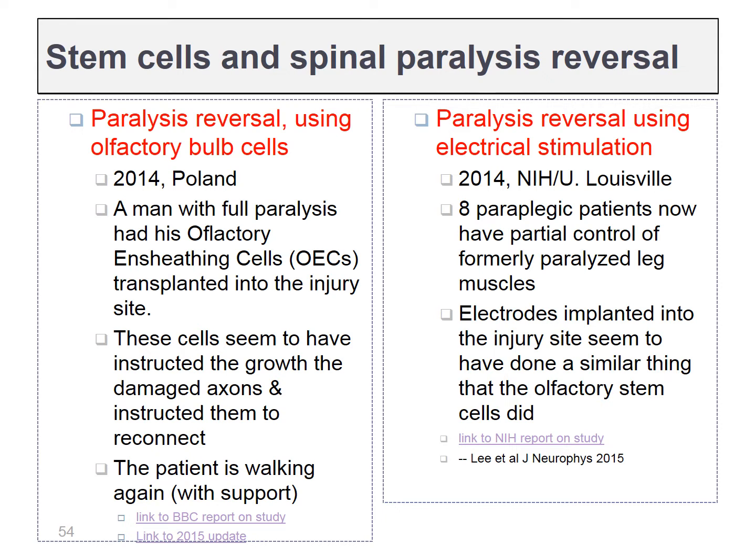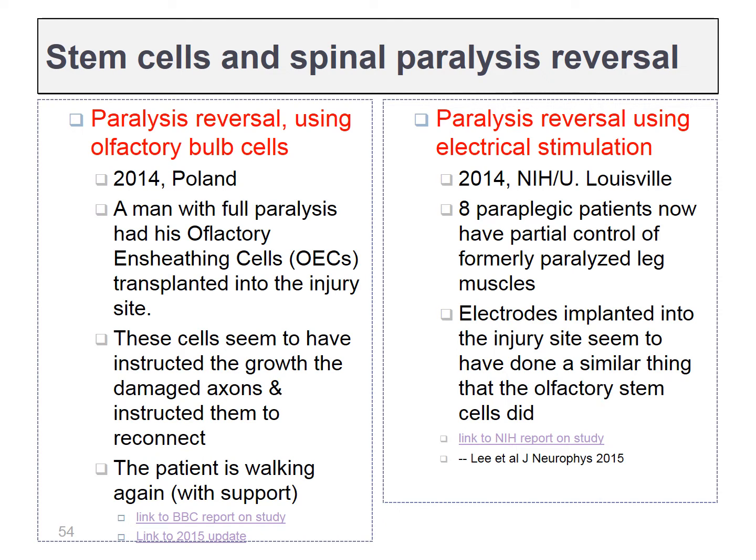And it turns out those neurons were able to divide. And rather than becoming olfactory receptors, they realized they were in the spinal cord, and they became spinal neurons. And this man was able to regain some motor control over his body, and in fact has been learning to walk with a lot of support.